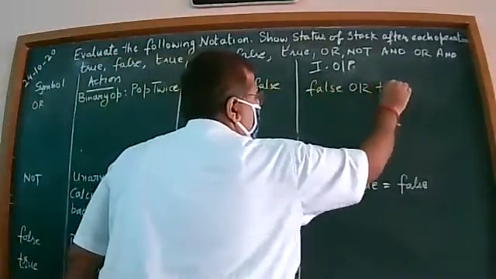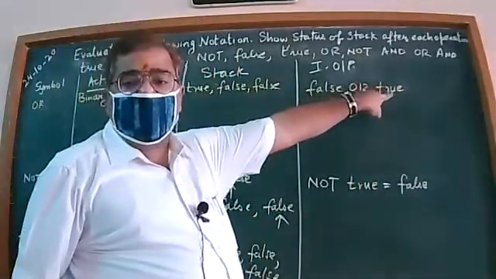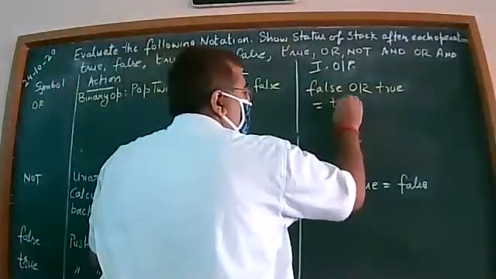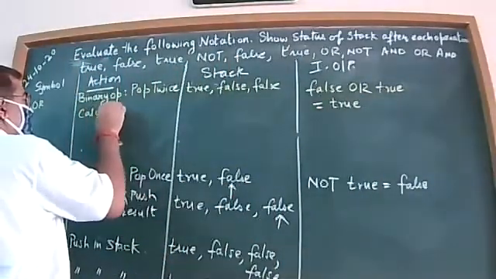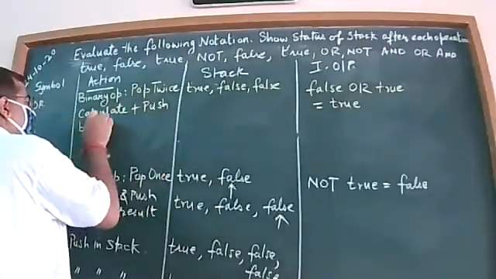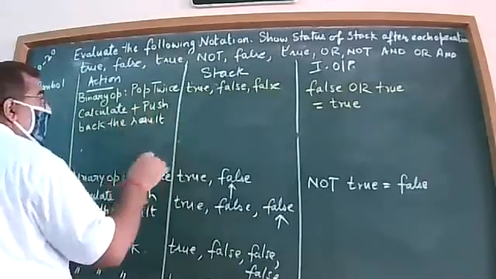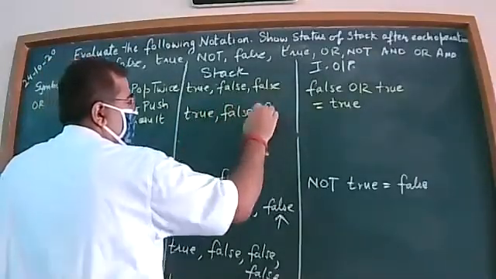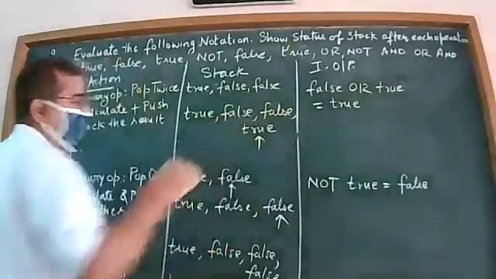OR operator says if any one expression is true, the result is true. So it comes out to true. Calculate and push back the result. So it comes out to true, false, false, true.